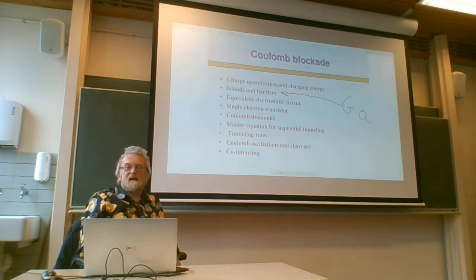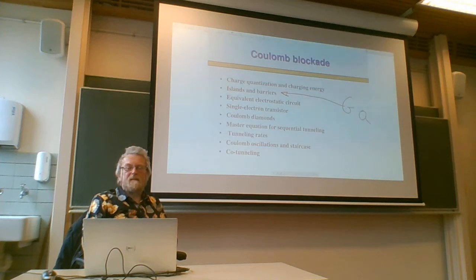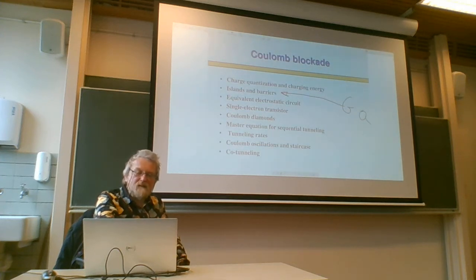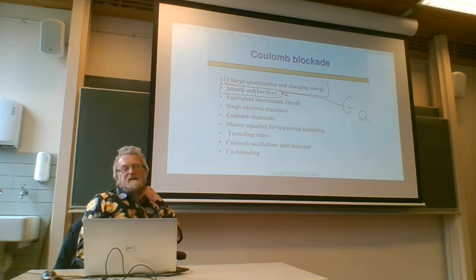G_Q sets the level of isolation when charge quantization is still visible. Charge quantization survives only when there are good barriers separating islands. Charge in the island is discrete.